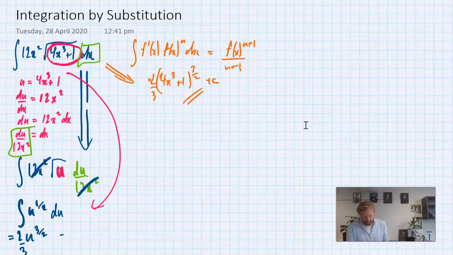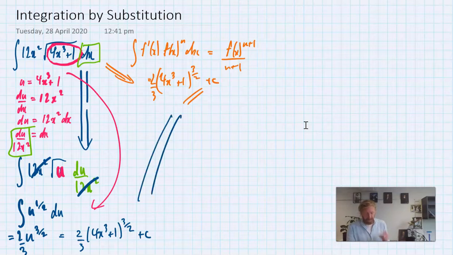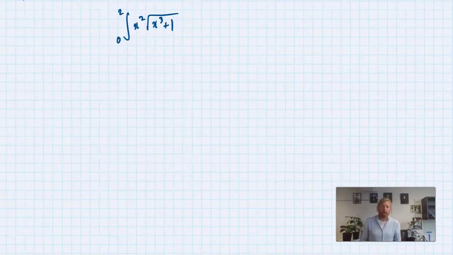Equals 2 over 3, 4x cubed plus 1 to the 3 over 2 plus c, which, lo and behold, is the same as what we have here.